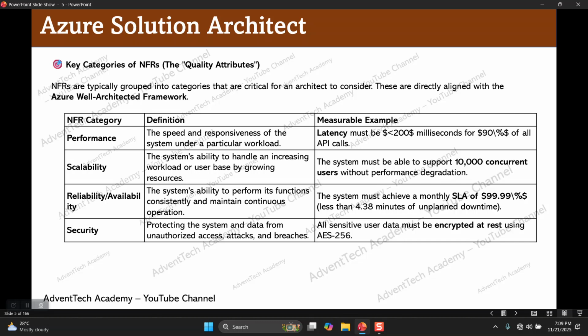Performance defines the speed and responsiveness of the system under a particular workload. How is the server performing, how is the cloud app performing?